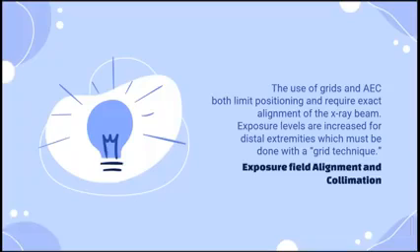Okay? So this will reduce the mobility. No, it will be difficult for us. This is one of the big disadvantages of DR because we are using a grid, which is at the expense of the patient's increased dose, and AEC limits positioning, limited mobility, okay, for the machine.